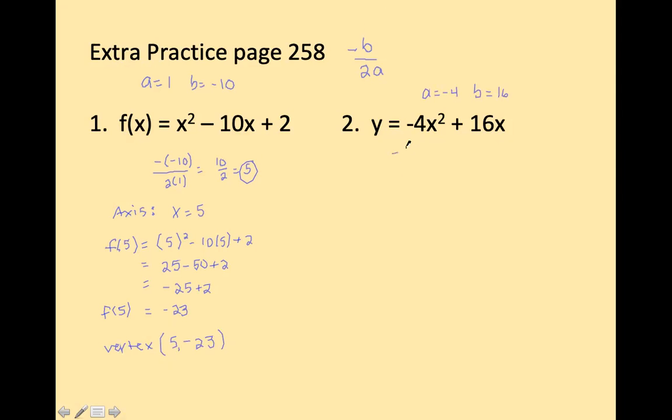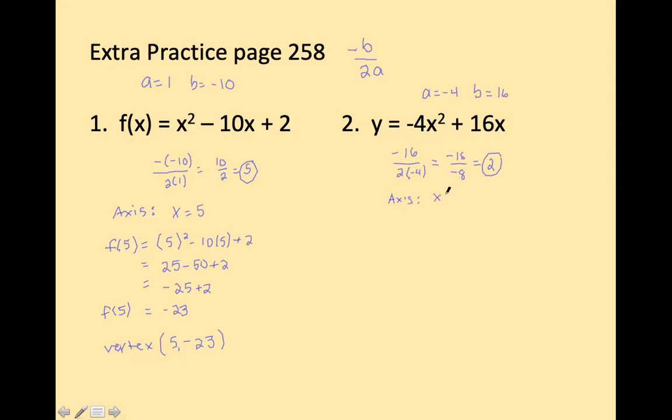So negative 16, because b is positive and that's going to make it negative, over 2 times our a value, which is negative 4. In the numerator, we have negative 16. 2 times negative 4 is negative 8. And negative 16 divided by negative 8 is a positive 2. So we have the x coordinate of our vertex, and that's also the equation for our axis of symmetry.